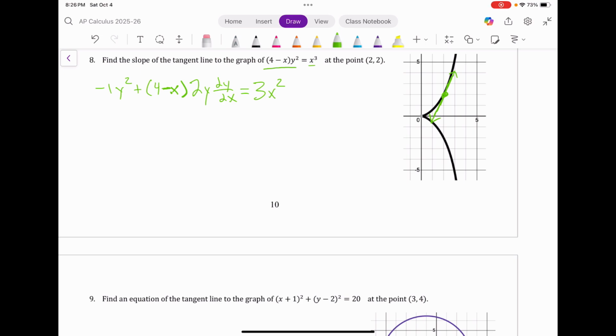Okay, so let's add y squared to both sides. All right, and then we will divide by whatever is attached to dy dx. So that's the 4 minus x times 2y.